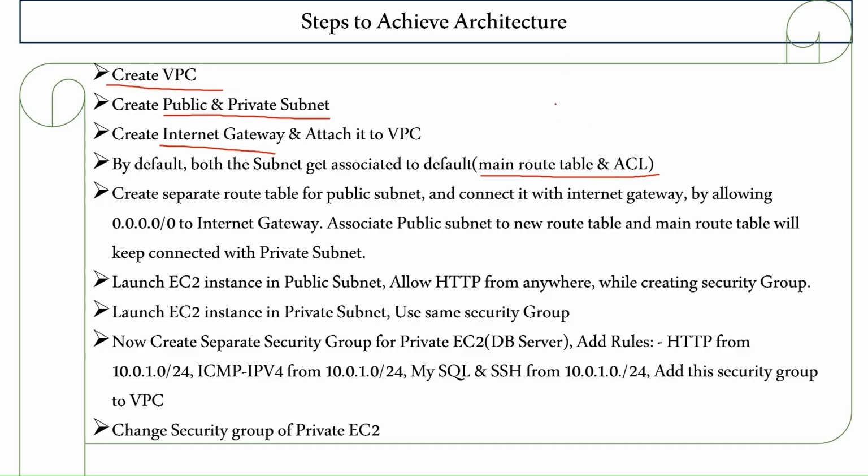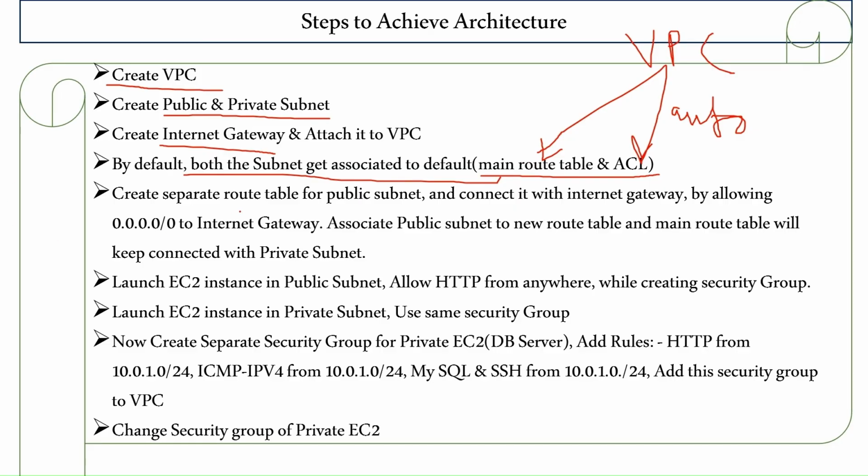When we create a VPC, these two things get created automatically. So when we create two subnets inside this VPC, both the subnets will get attached to the main route table and ACL.